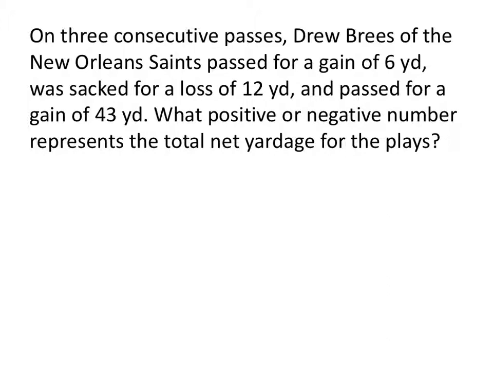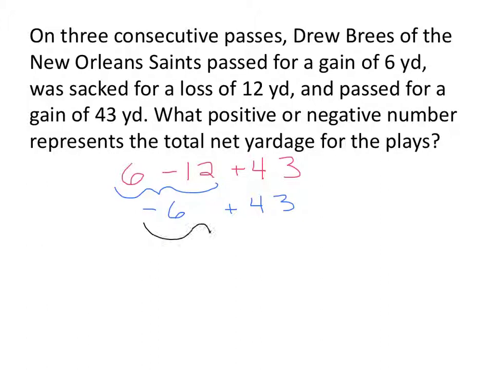So we start out with a positive 6, then we lose 12, then we gain 43. So 6 minus 12 is negative 6, and negative 6 plus 43 is 37. It's positive, so we gained 37 yards.